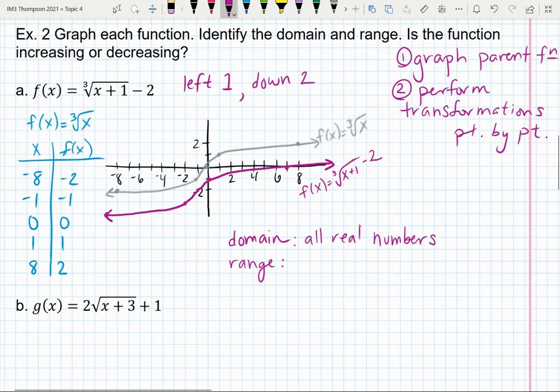The range, again, this graph will go down forever and up forever, so all real numbers. And my orientation of the graph did not change, so I'm still moving up and to the right, so it's still increasing. Really not any change of information from the parent function.